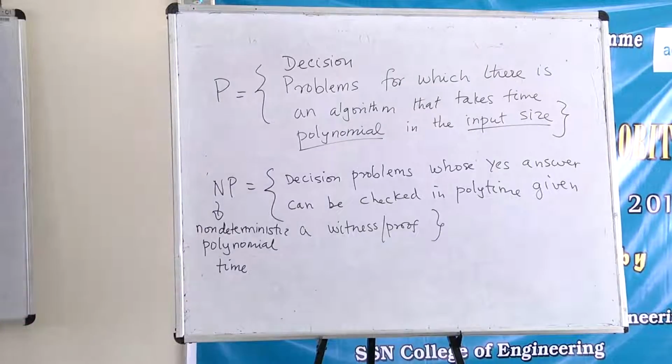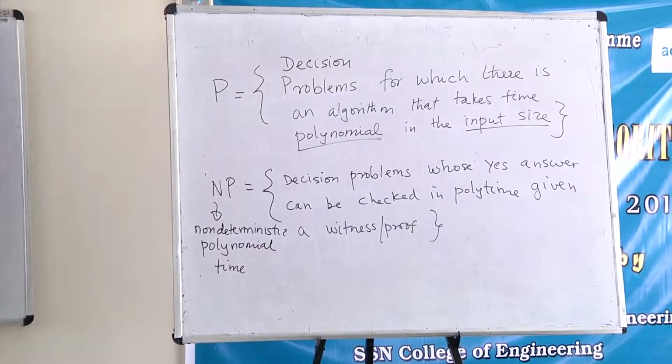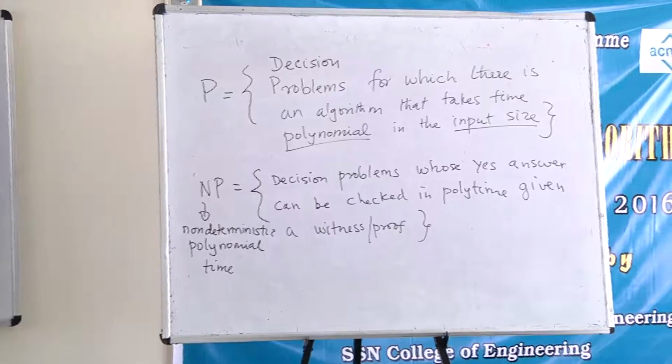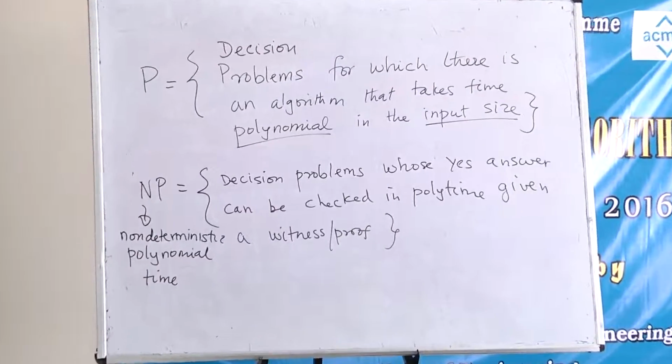Again, the formal definition is languages that are acceptable by a non-deterministic Turing machine in polynomial time. So if you know what a non-deterministic Turing machine is, that definition should make sense to you, so you can be happy with that.